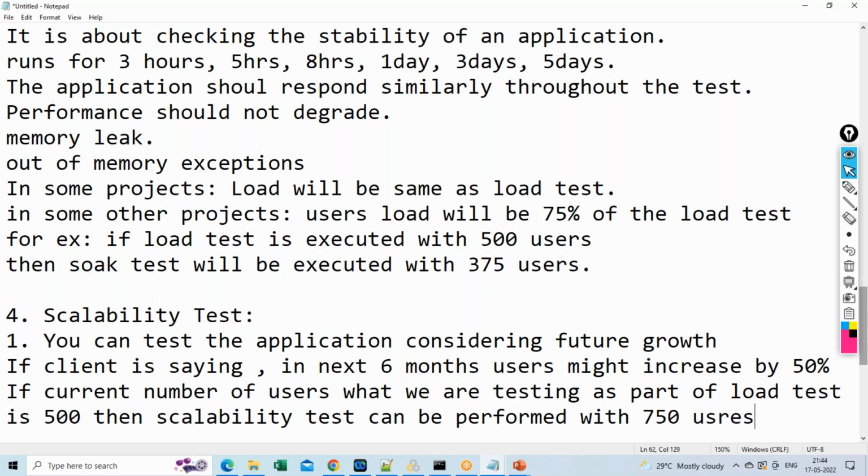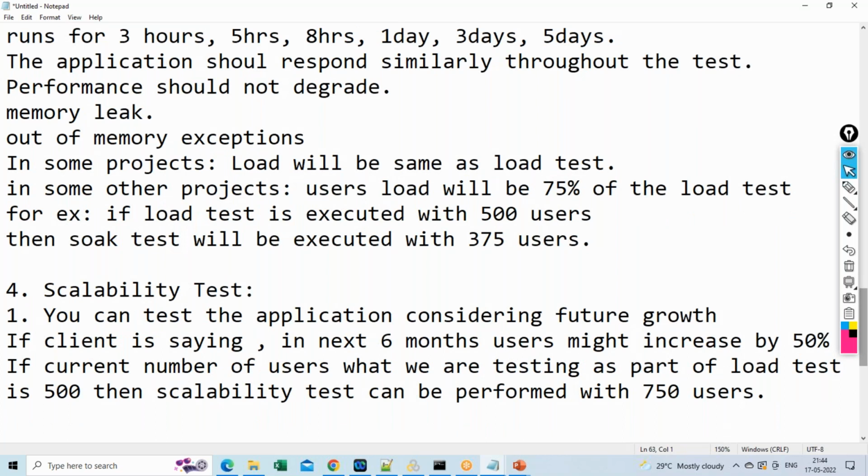So a total of 750 users. If the current number of users we are testing as part of the load test is 500, then scalability testing can be performed with 750 users. That's how it goes.